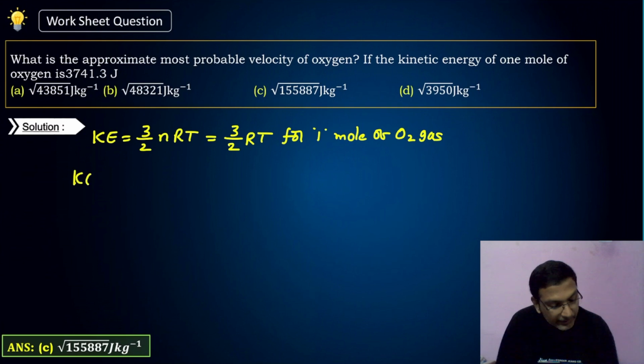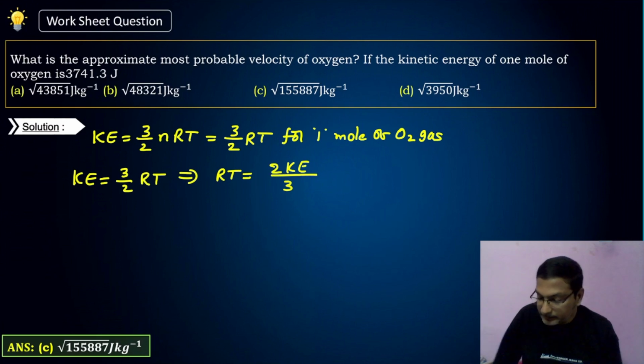Therefore KE equals simply 3 by 2 RT. That implies RT equals 2 KE by 3. Next, the KE value is given.